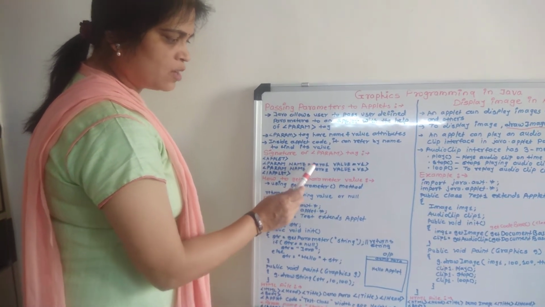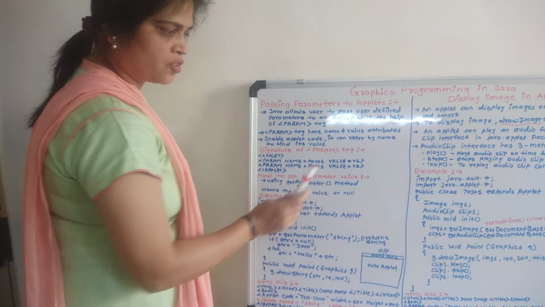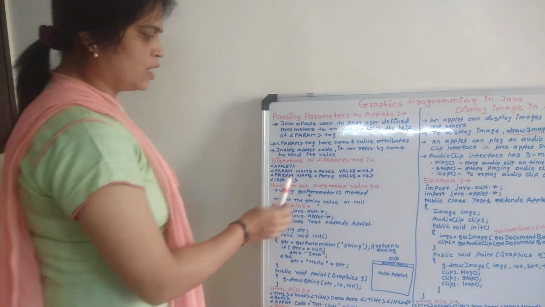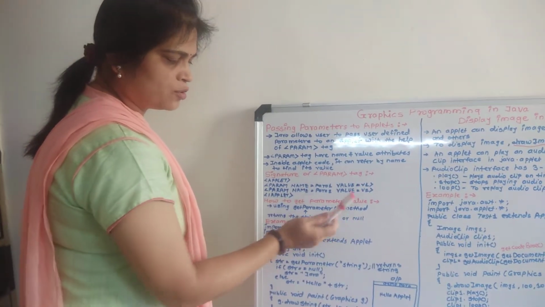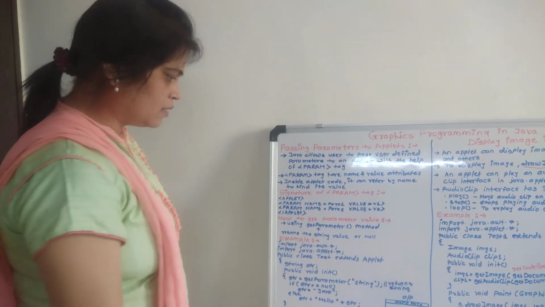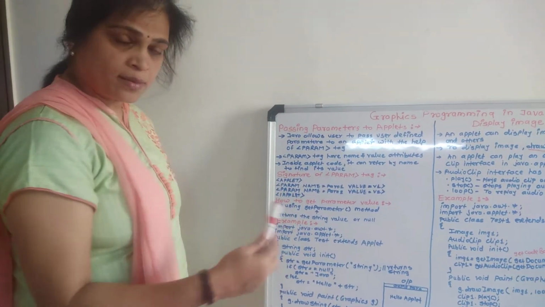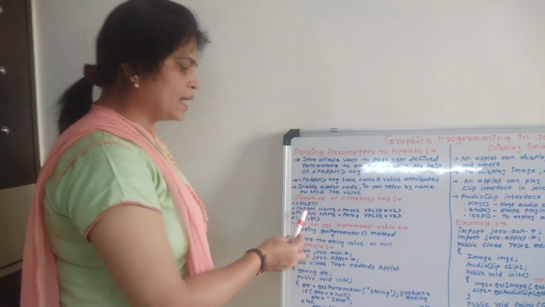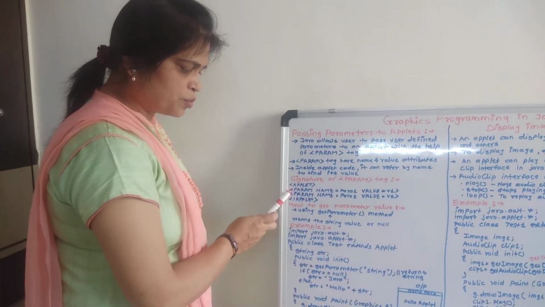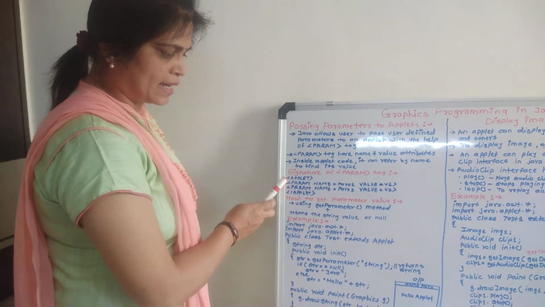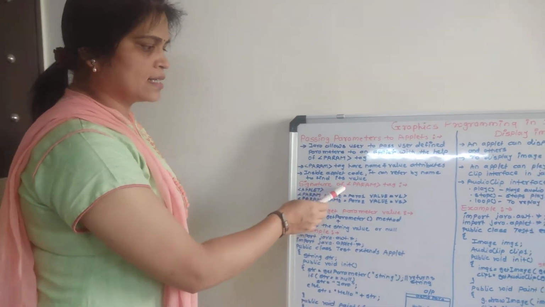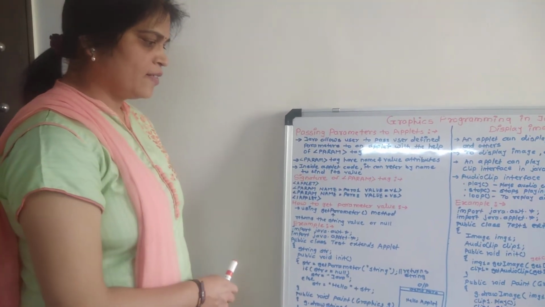First is name, the name of the parameter, along with its associated value. If you don't want to put that value, then you may put a null value also. When you want to pass multiple parameters in an applet, you have to put multiple param tags in the applet tag. This is the signature of the param tag.